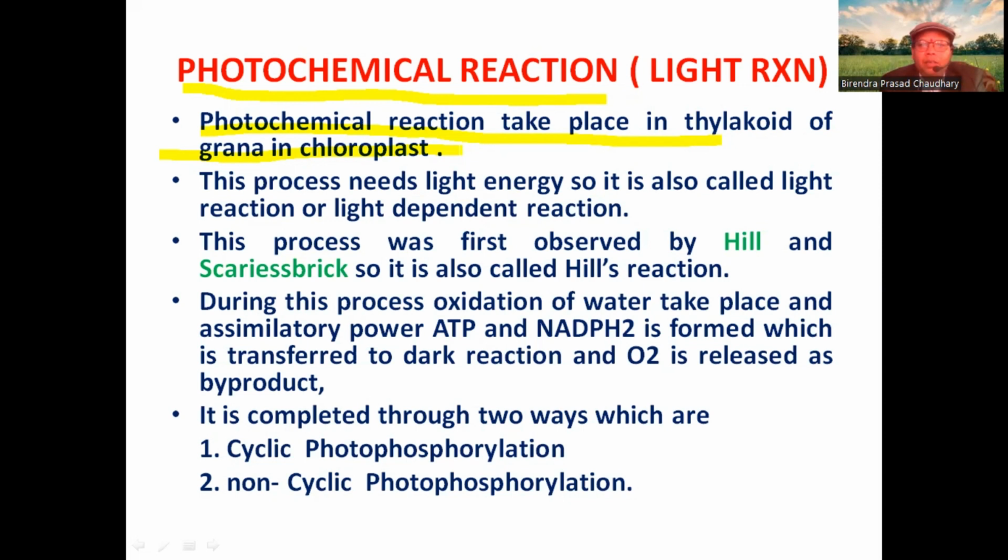The grana is made up of a number of thylakoids, and each thylakoid has its membrane. On the thylakoid membrane of grana in the chloroplast, the photochemical reaction, or light reaction, occurs.